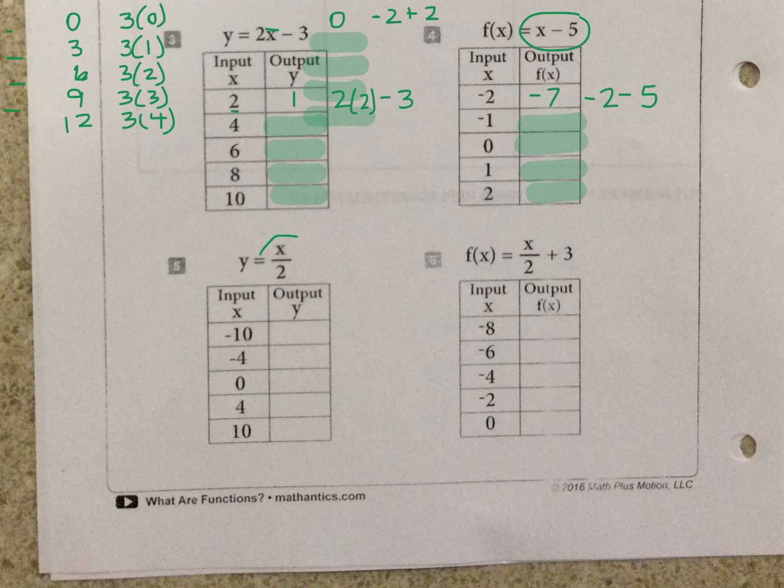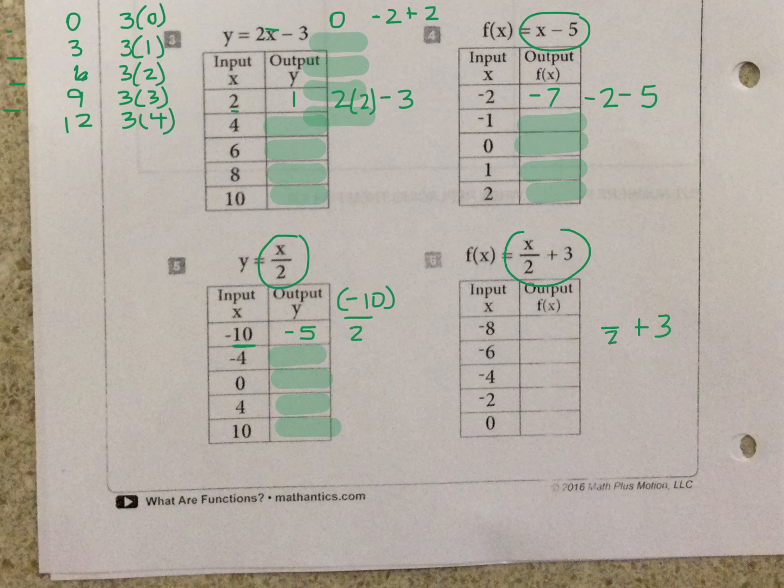Number 5, here's the problem. X divided by 2. So my first time I'm going to use a negative 10. So instead of x, it'll be a negative 10. Negative 10 divided by 2 is negative 5. And then you've got these guys. And this last one, the problem I'm using is x over 2 plus 3.